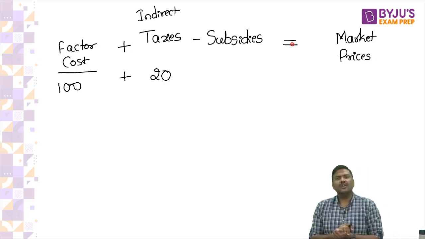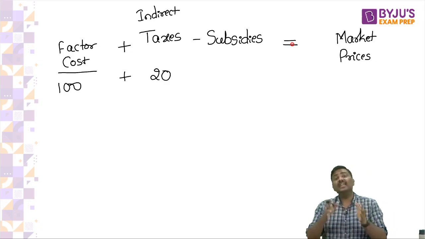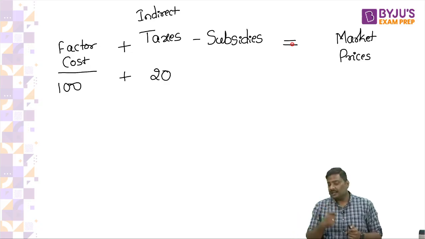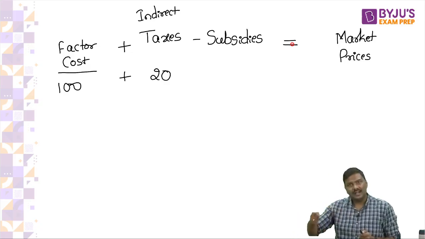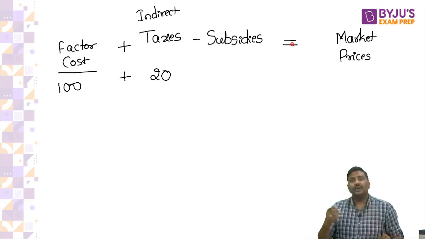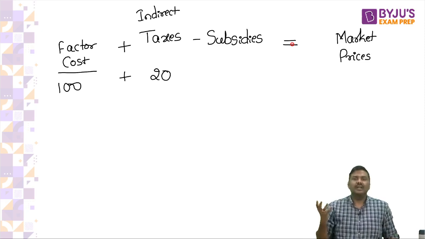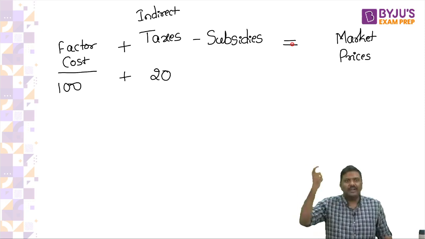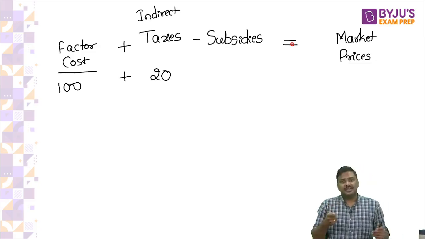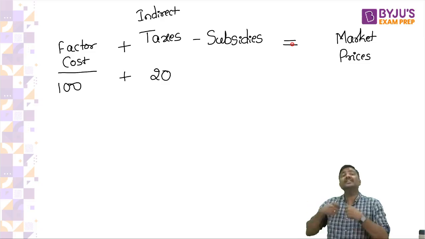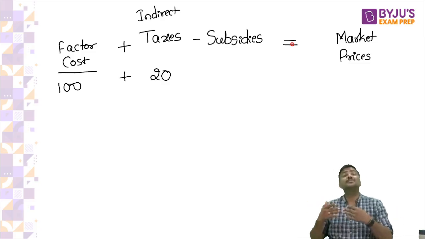All of you have heard of Pradhan Mantri Garib Kalyan Anna Yojana. What is that? It is the assistance given by the government. Food grains are given by the government. I hope you understand this. This is generally referred to as subsidies.